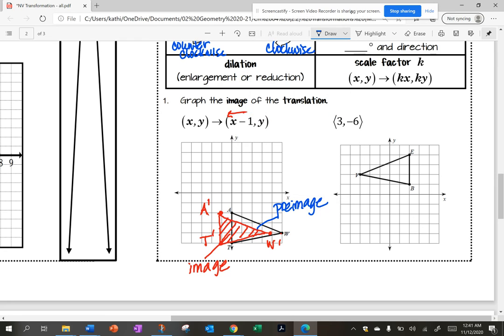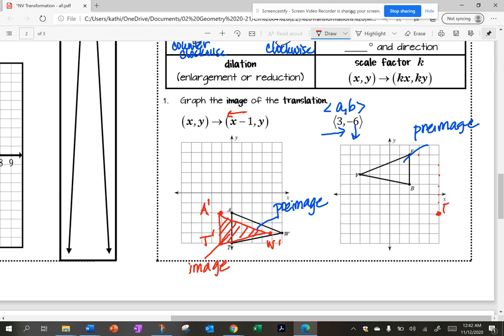This next example I have the vector. So here is A and B. So it is telling me I'm going to go to the right 3 and down 6. Okay, so the first one is called the pre-image. So to the right 3, and down 6.